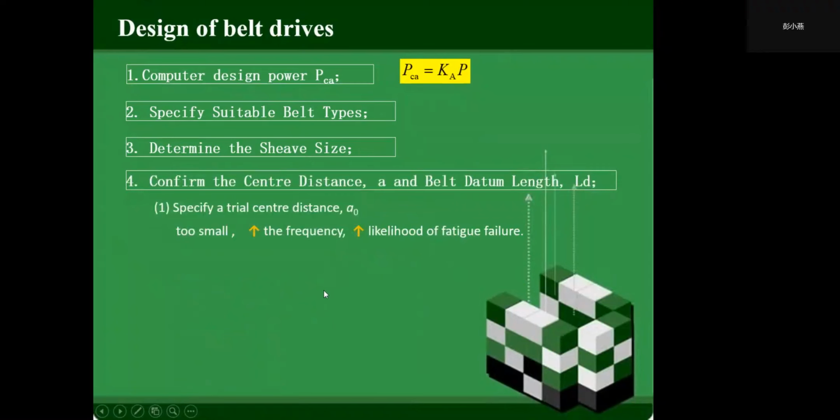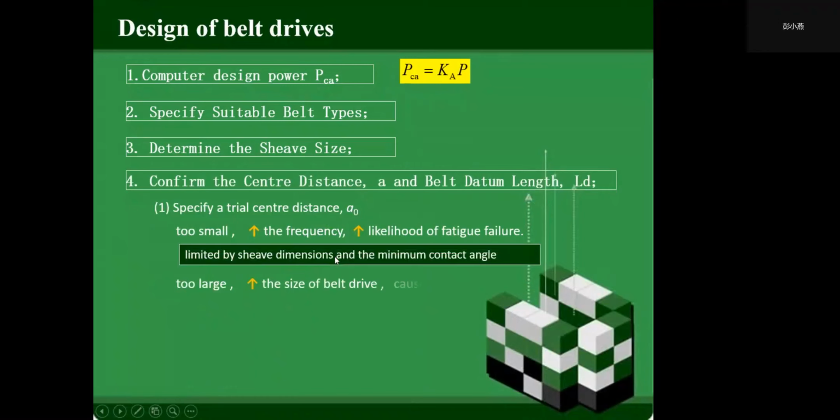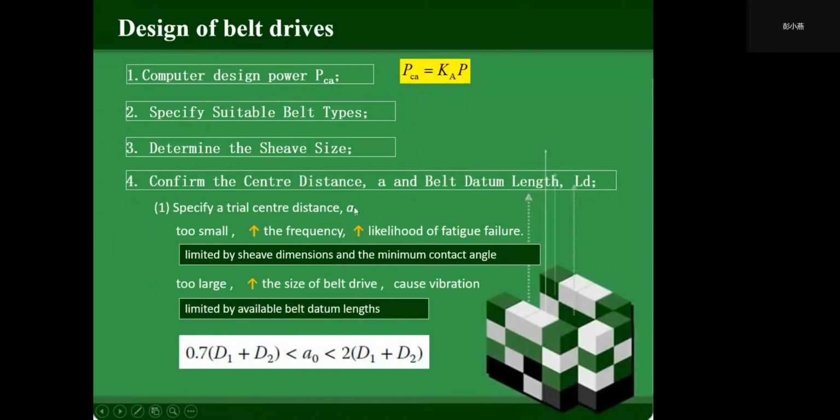And then confirm center distance and belt length. First, we choose a center distance alpha 0, and how to choose alpha 0? We use this range. Within this range, choose the trial center distance alpha 0.